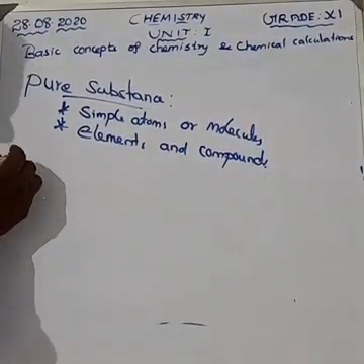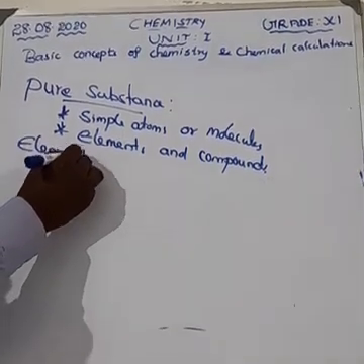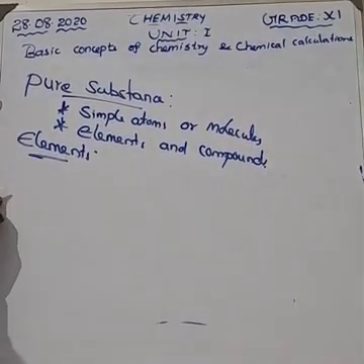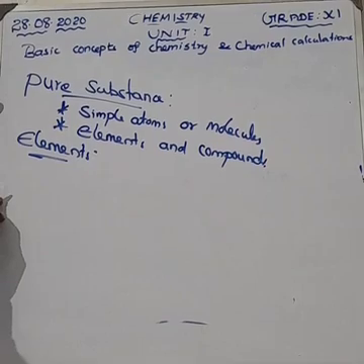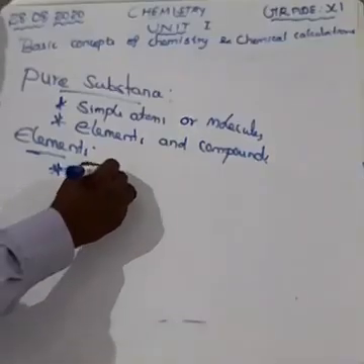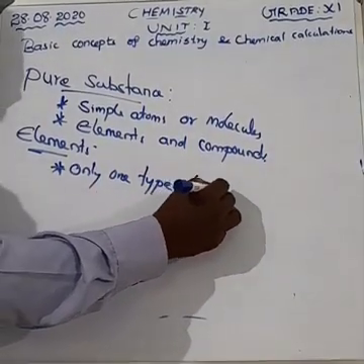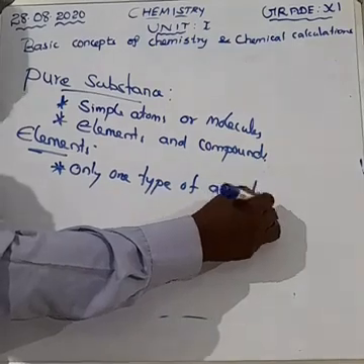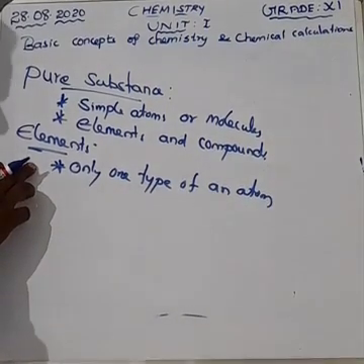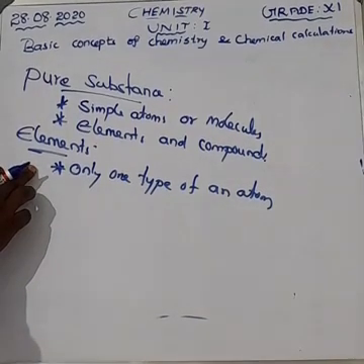Next, about elements. What are elements? Here, an element consists of only one type of atom. Also know that an atom is the smallest electrically neutral particle.